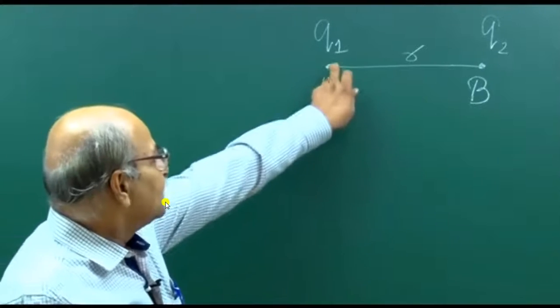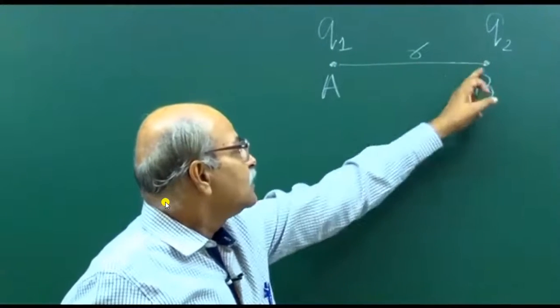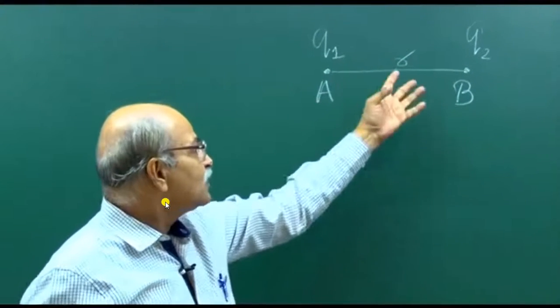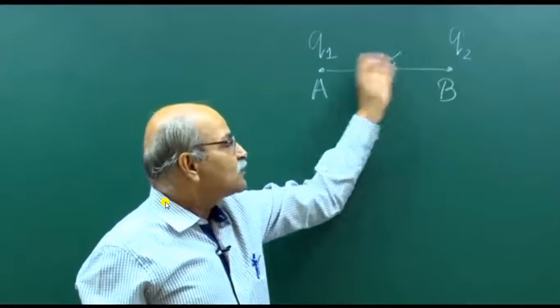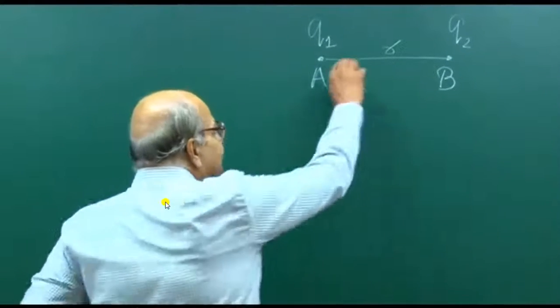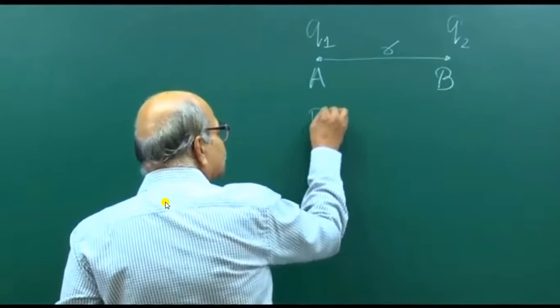So, here the sizes of A and B are assumed to be much smaller as compared to this separation. That is an important restriction.